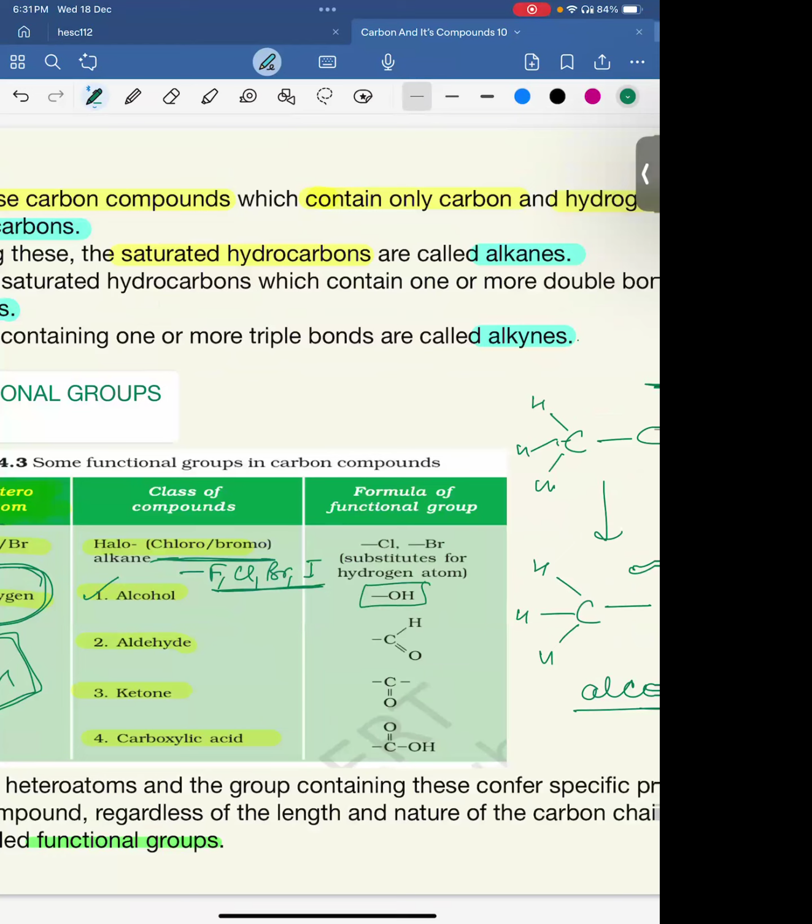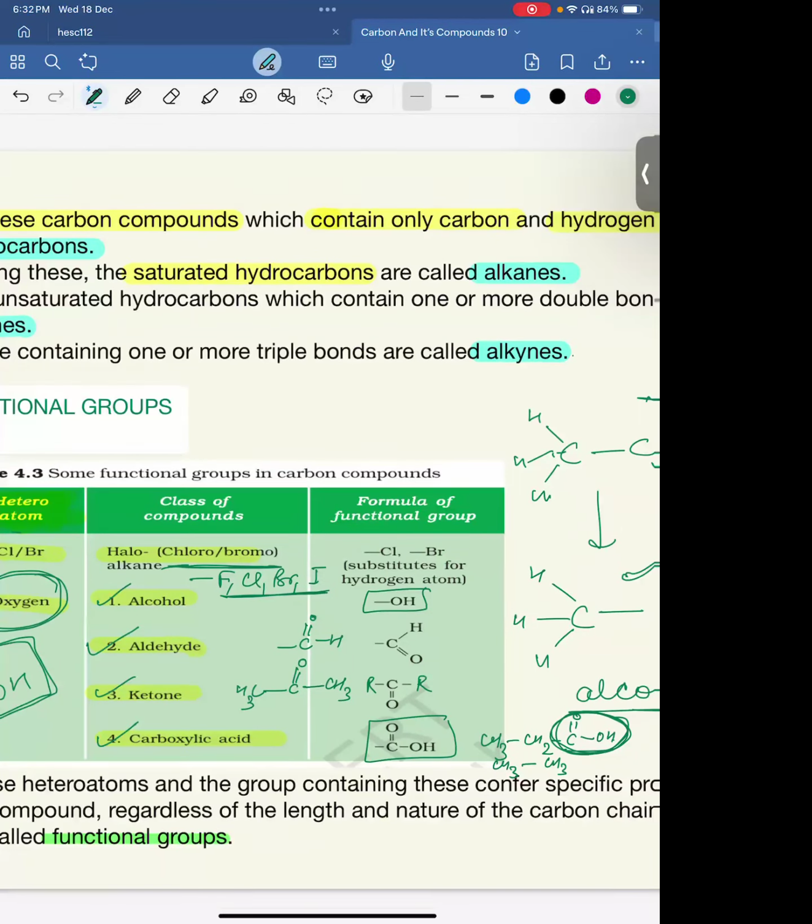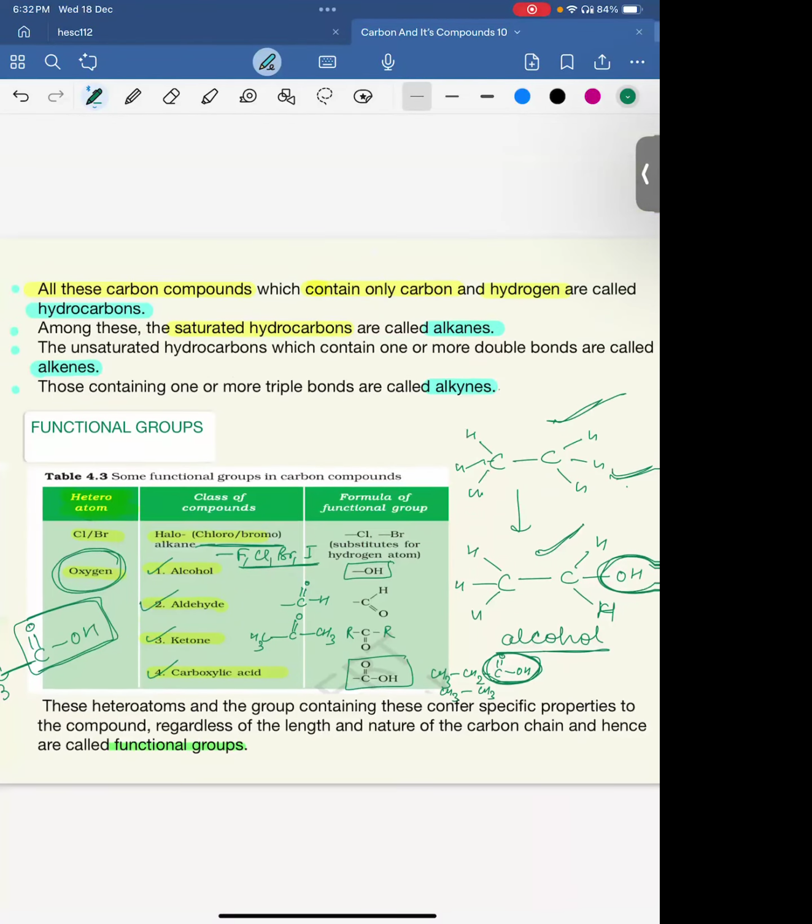Alcohol, that is OH; aldehyde, that is CHO; ketone, for example this ketone, where these are R groups, any alkyl group can be there, but they will have CO in the middle. And then carboxylic acid, for example CH3, CH2, COOH. So the functional groups here are alcohol, aldehyde, ketone, carboxylic acid, or halogen.